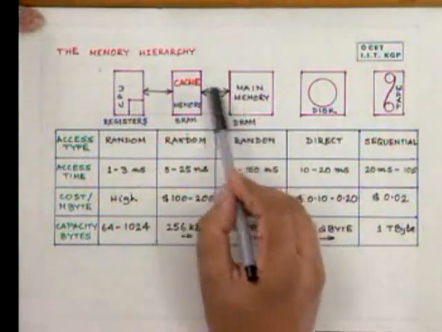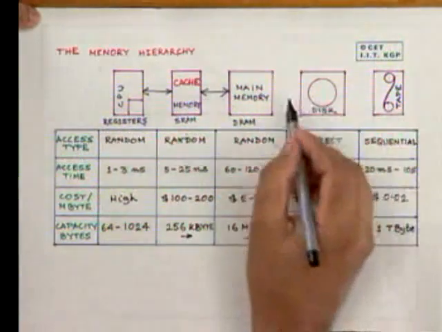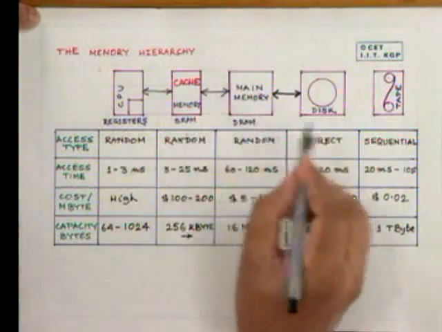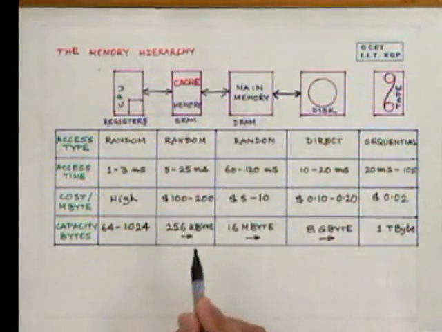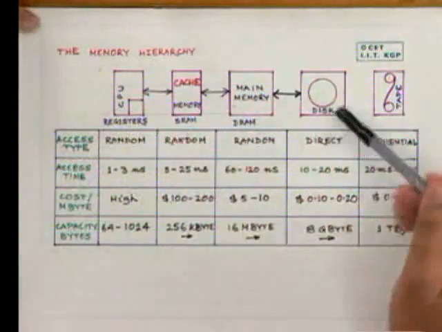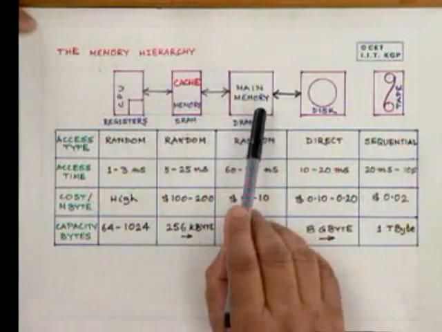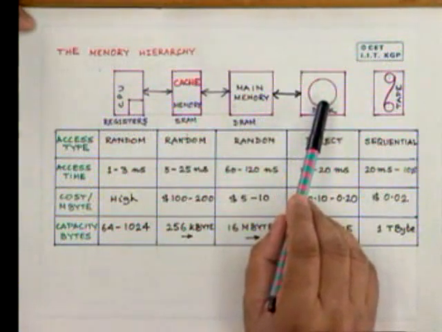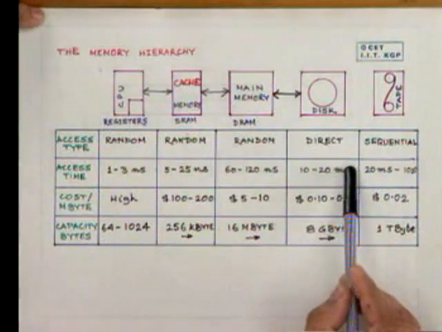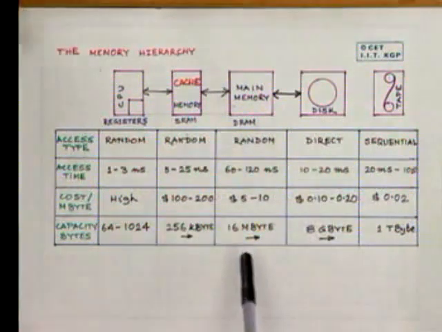Now, if that can happen here, why can't somebody think in terms of such a mapping between the disk and the main memory as well? The disk being a direct access memory device, we can access the disk at random, though its access time is pretty slow, that means 10 to 20 milliseconds.